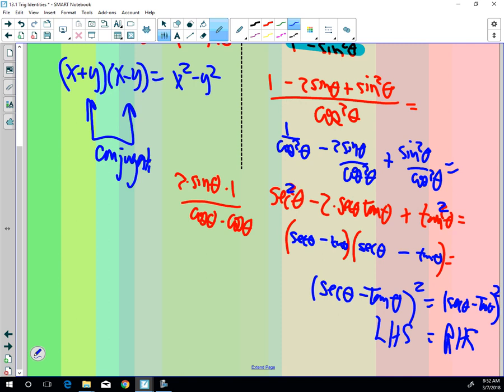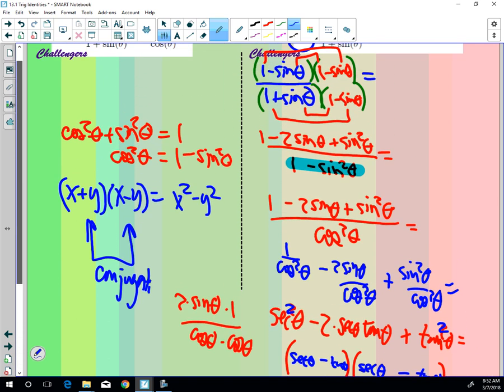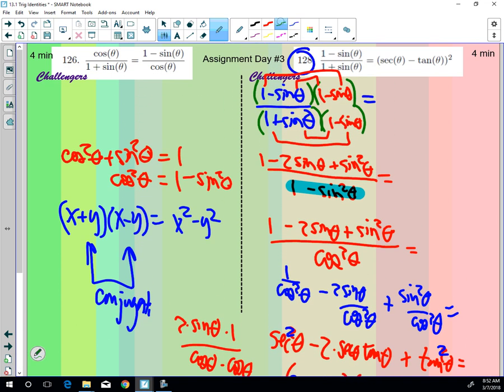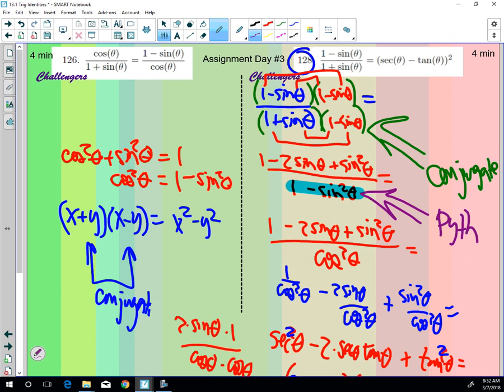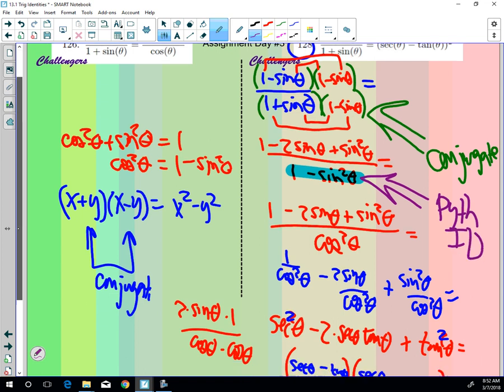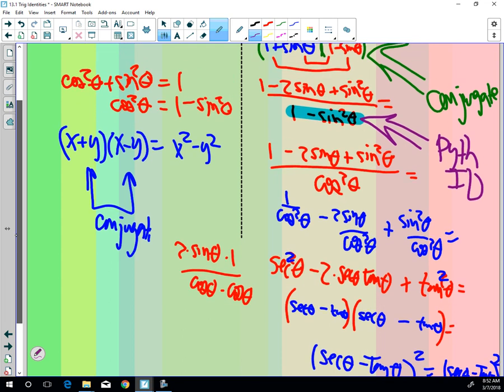Not amazing? All of this was because we had a couple of tricky things. The first tricky thing was the conjugate. The next tricky thing that we had was the Pythagorean identity. And then all of the rest is pretty much algebra.